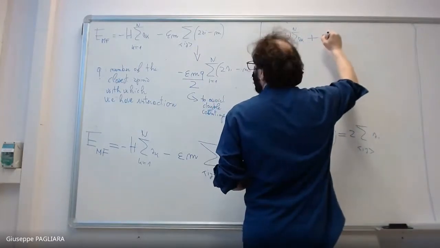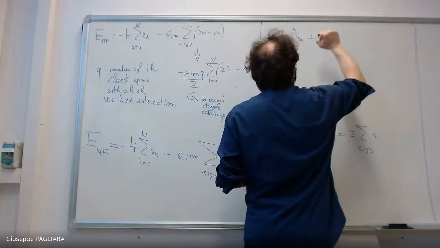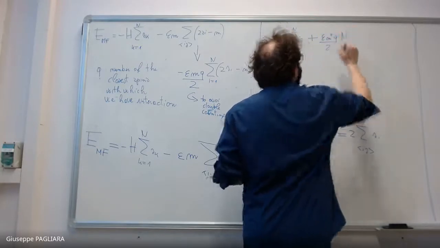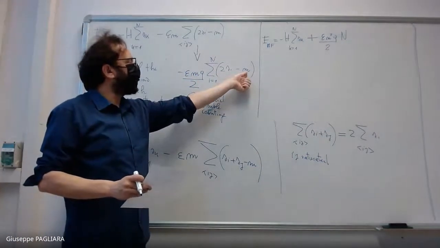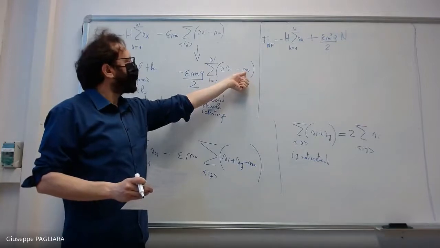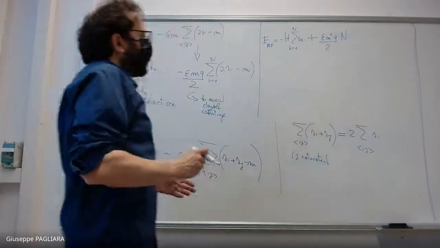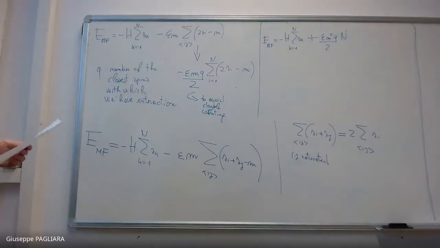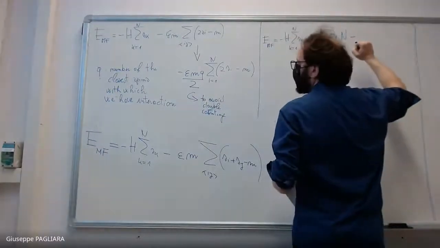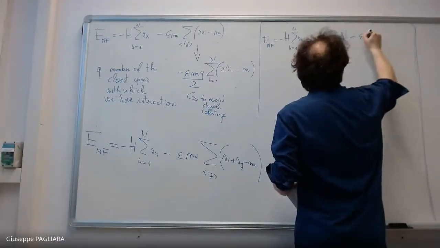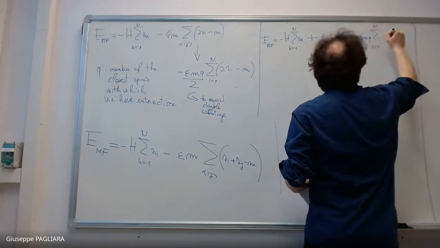And we should have a factor of n that comes from the product of this and this, but the sum does not depend on the index, and therefore I have a factor of n. So it's n times this term here, and I should get epsilon m squared q n divided by 2. Okay. And then, of course, what is left is this here, which is minus epsilon m q times the sum from 1 to n of Sk.